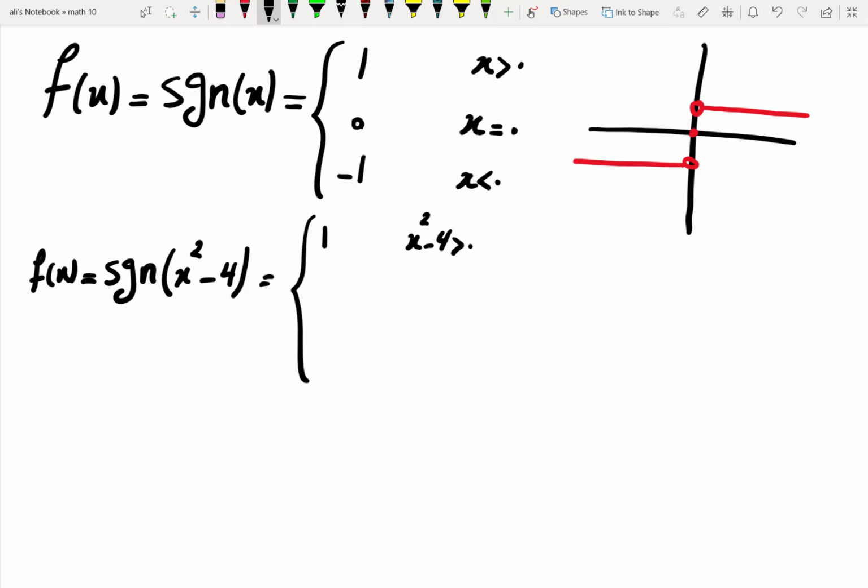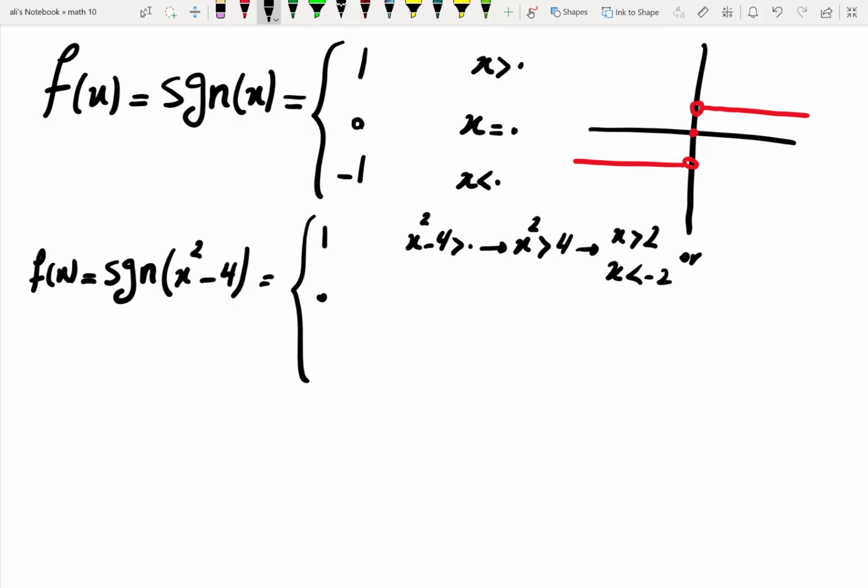Therefore, the value of x to the power of 2 must be greater than 4. Therefore, either the value of x must be greater than 2, or the value of x must be smaller than -2.